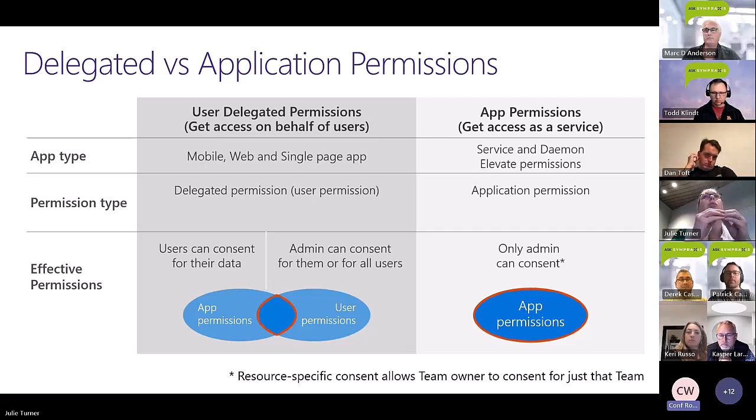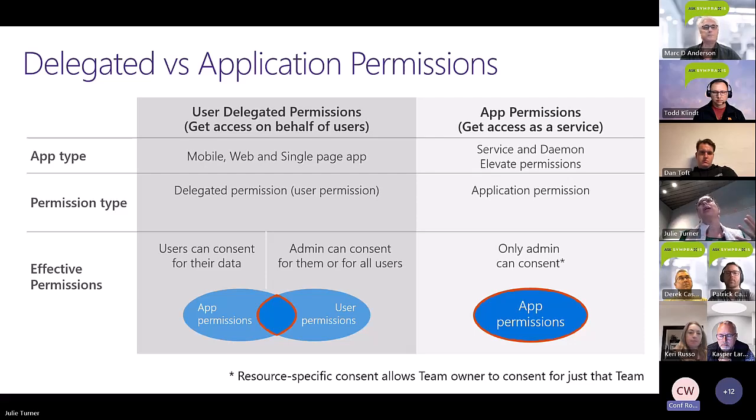So there are two types of permission types, and I think that this is generally not understood by so many people. The one I'm going to start on the right of this slide, app permissions, is one of the easiest ones to explain because it's the most obvious. So when you have that app registration, you can give the app registration application permissions.